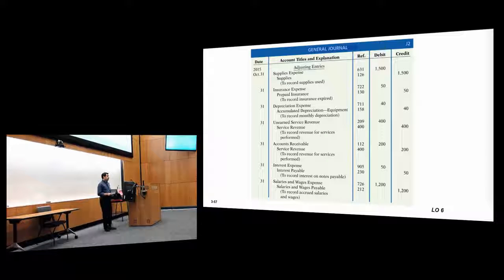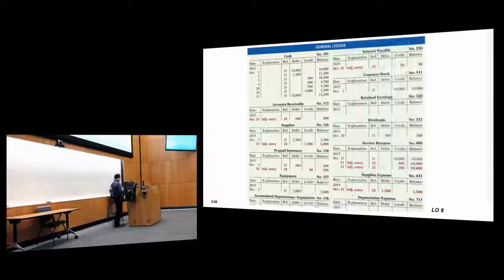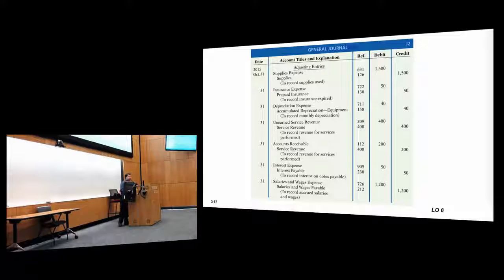This is how the general journal looks like when you're entering adjusting entries. You have all the adjusting entries, those are exactly the ones that you used. And then after that, you post them to the ledger.